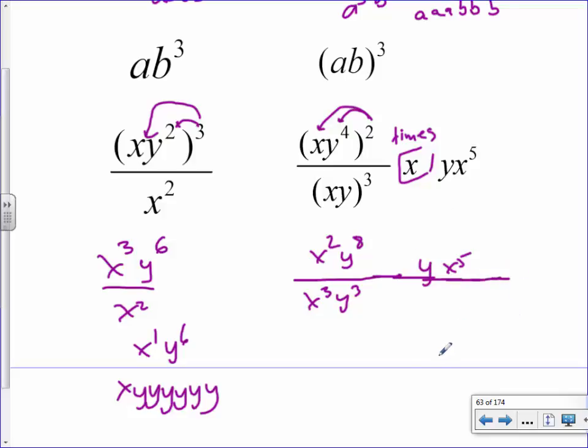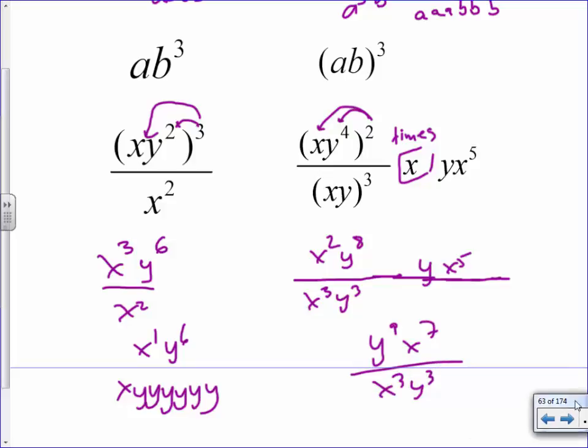How many y's do we have on the top total now? 9. Yeah, 9, right? 8 from this one, 1 more over there means I actually have 9 y's on the top. How many x's do I have on the top? 7. 7's right, yeah. 2 right here, 5 more right here. You have 7 total. On the bottom, we still have 3 and 3. I should be able to reduce it a little bit, right? So let's see. We got 7 x's on top, 3 on the bottom. So 4 x's.